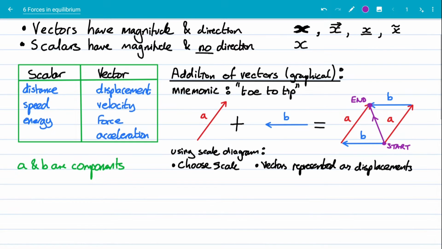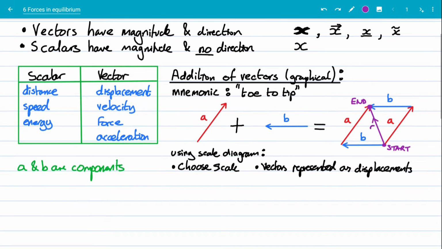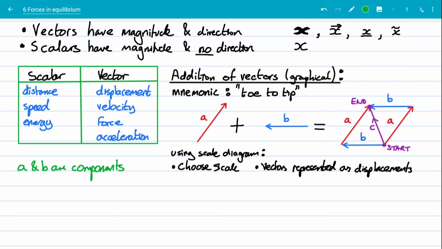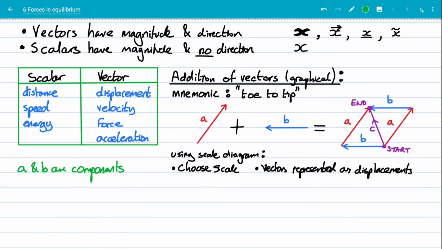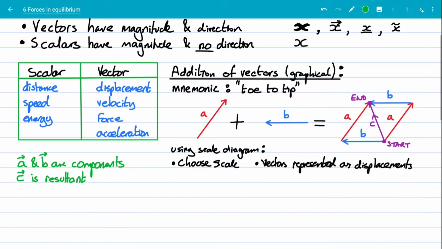So let's label it C in purple. And we can say that C is what we call the resultant, which just means we've added the two components together. Now these are vectors, so I should draw little arrows over them. There we go. A and B are components, C is the resultant. We've added A to B to get C.